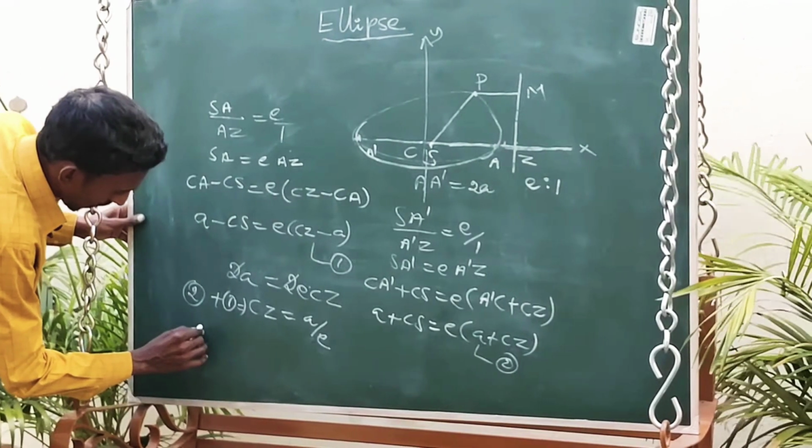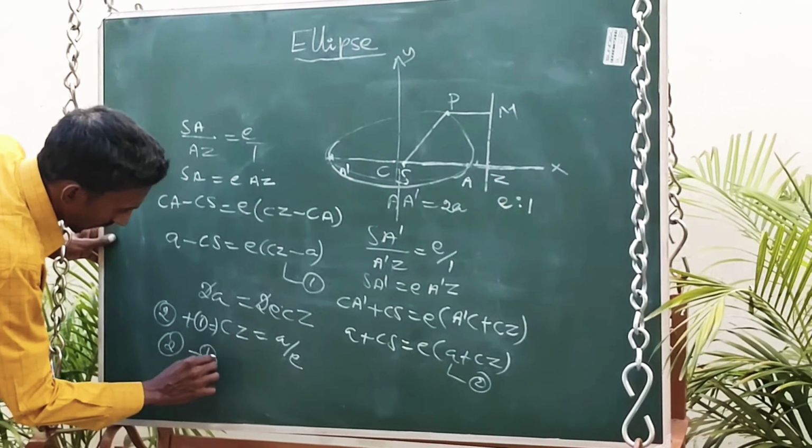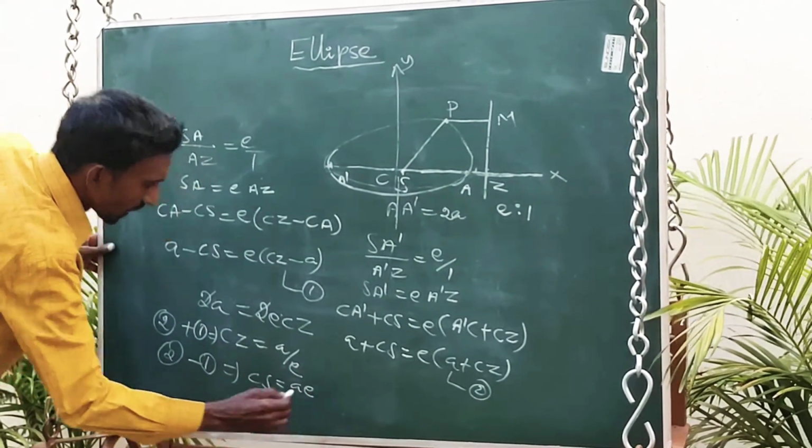Similarly, if we solve 2 minus 1, we get CS equals AE.